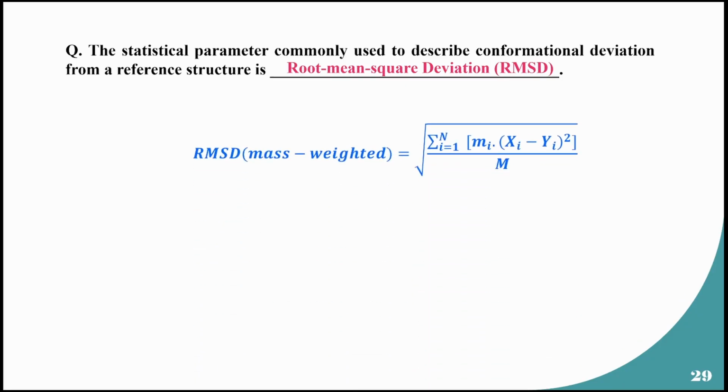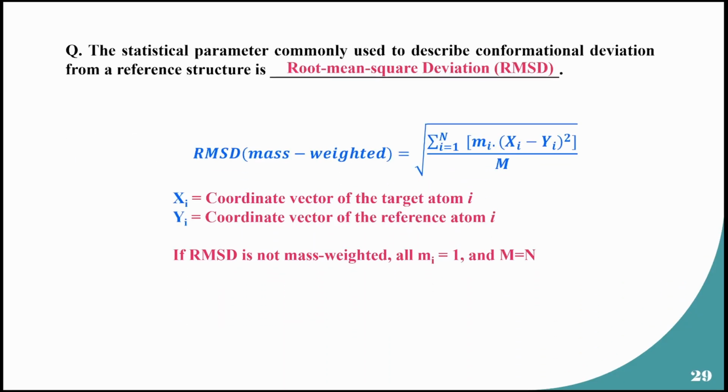In this particular case, if we talk about mass-weighted RMSD, the formula used is something like this. Here x_i indicates the coordinate vector of target atom i. Let's say we are talking about just the first atom, and then y_i indicates the coordinate vector of the reference atom i.